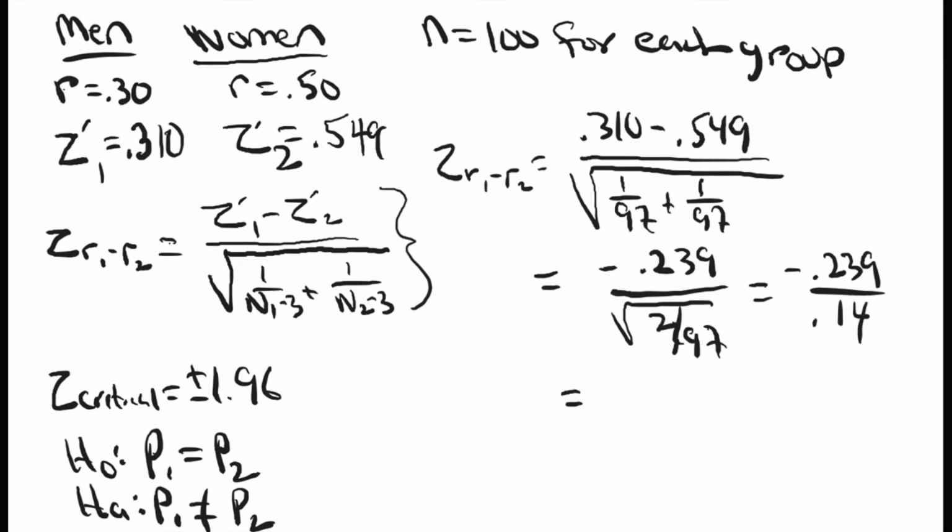And then when we divide the numerator, 0.239, by 0.14, we get 1.707, and that's a negative number. So that is our z-score.